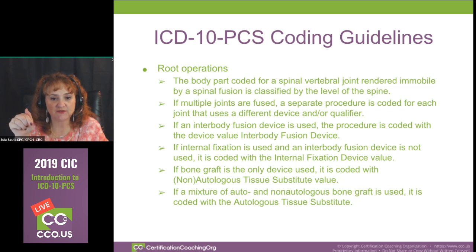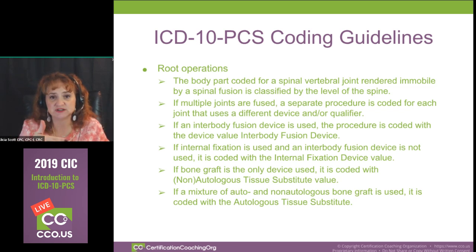If you do a bone graft and the bone graft is the only device that's used, then you're going to use non-autologous tissue substitute value. So you have to understand what an autologous is and the tissue substitute, and we use these bone grafts in the spine a lot. If you do a mixture of autologous and non-autologous bone grafts, then you code with the autologous.